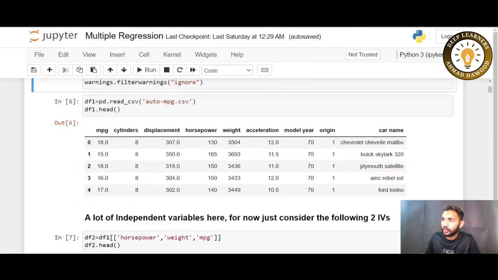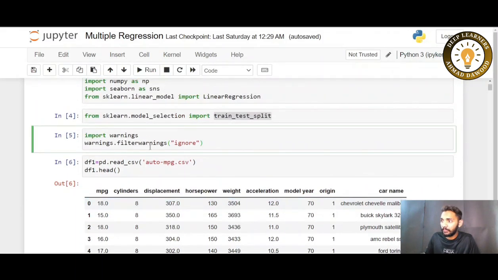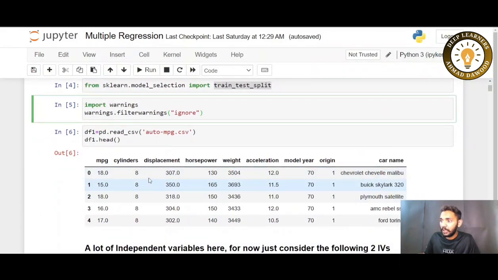In this session we will explore a data set and use linear regression with multiple variables instead of just one independent variable. When we have more than one independent variable, we call it multiple regression, and we will see how to code it.